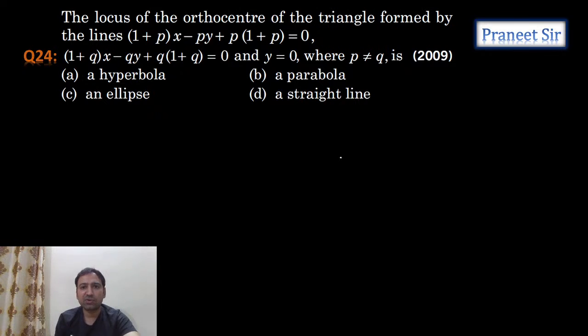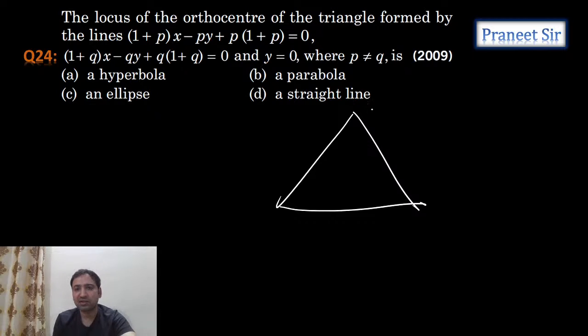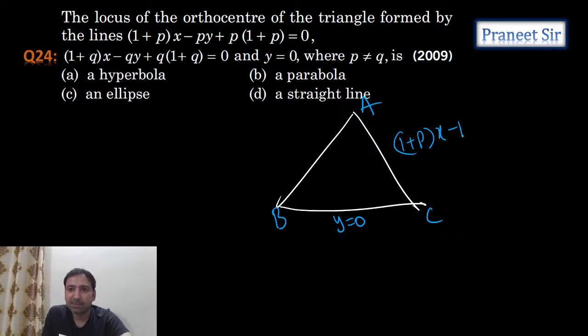Tell me. So very easily we can calculate the points of intersection, guys, when we try to solve these equations. One line equation is given as y equals 0. If you substitute y equals 0 here, these are vertices A, B, C. This line is given as (1 plus p) x minus p y plus p(1 plus p) equals 0.